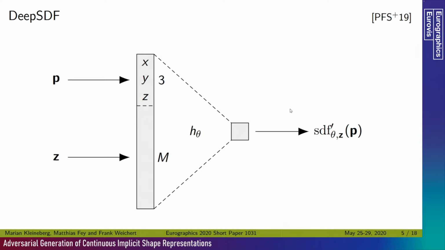The DeepSDF network is a multi-layer perceptron, so it doesn't contain any convolutions. To learn more than one shape, the DeepSDF network receives an additional input that is the latent code Z.